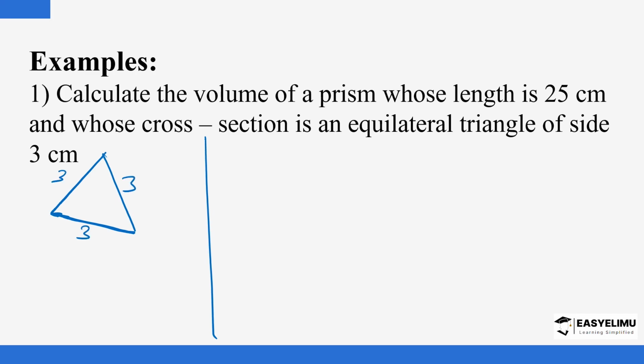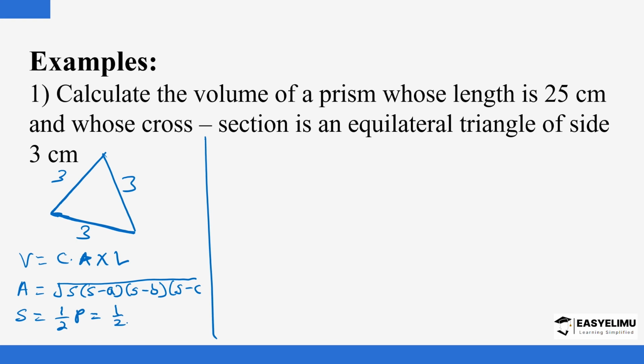The formula is that volume is going to be given by cross-sectional area times the length of the prism. The length of the prism we already know is 25, but now we need to find the cross-sectional area. I'm going to use the formula: square root of S into S minus A, S minus B, and S minus C. S is half of the perimeter. The perimeter is 3 plus 3 plus 3, which is 9, so half of 9 is 4.5.